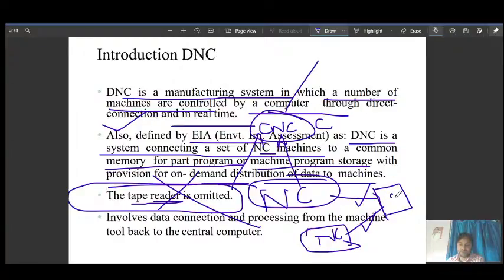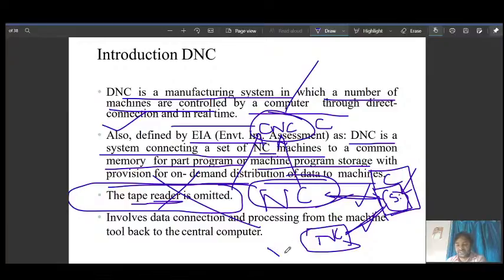Okay, so storage point, data point. Whatever we program here, we store here and then we send it here. So here we will have a computer where we load the program and it will distribute it to the NC machines.